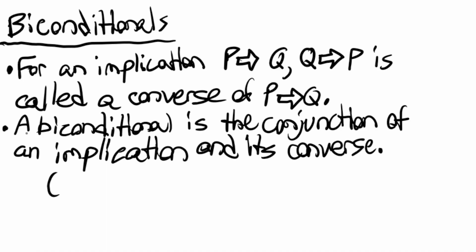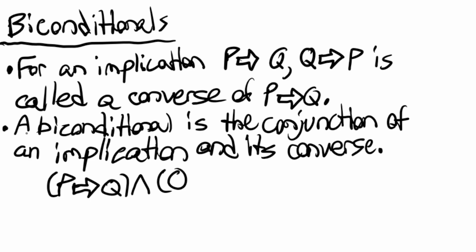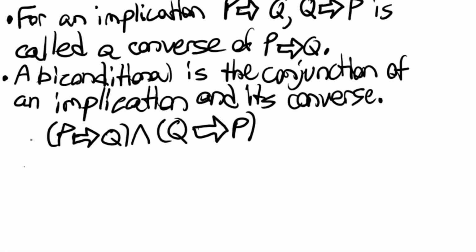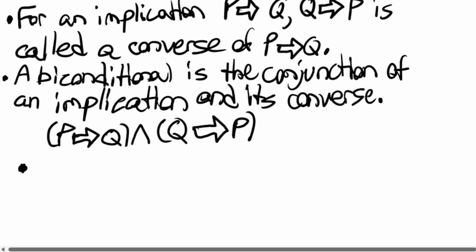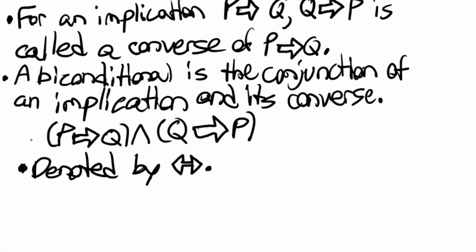So this is basically writing out what this would mean if we look at two statements, Q and P. And it is denoted by a double-sided arrow symbol.